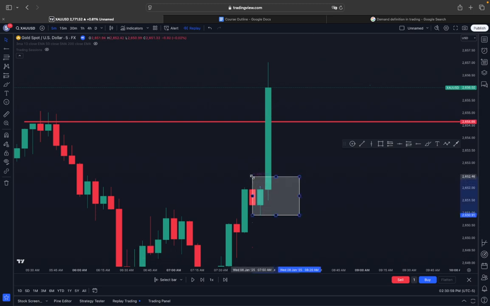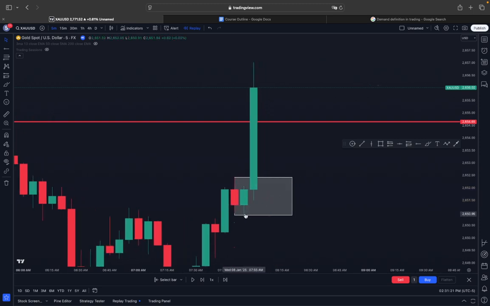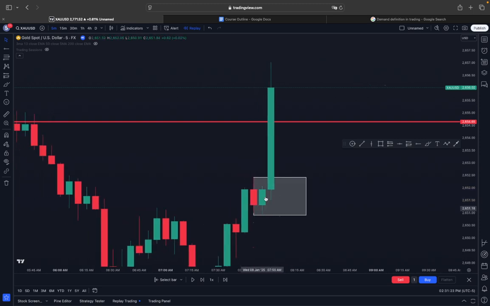You draw it from the top of that last bearish candle to the lowest point to where that bullish momentum started, either being the low of the bearish candle, if it's lower than the bullish candle's momentum start, or the bullish movement's candle, if it was lower than our last sell candle.